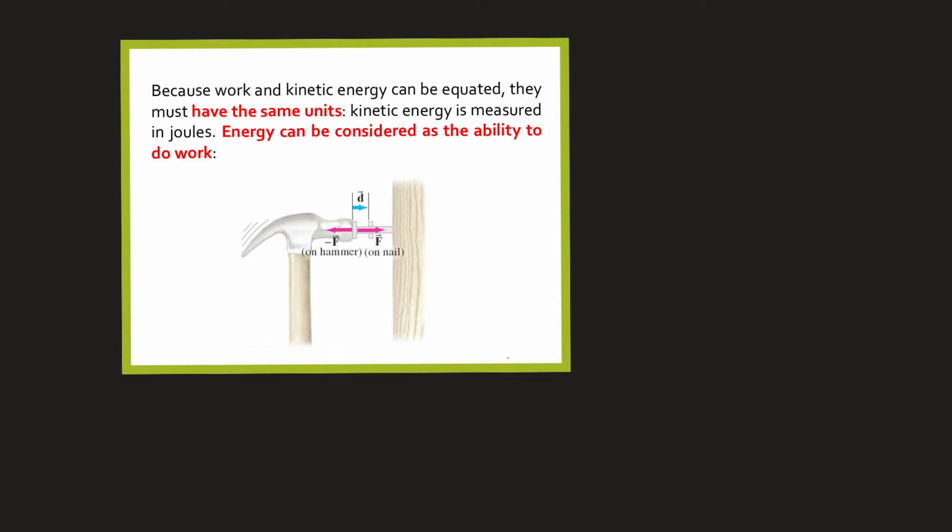But the question asks which one produces negative work done and which one produces positive work done. What you need to mention is the angle theta between D and the force.